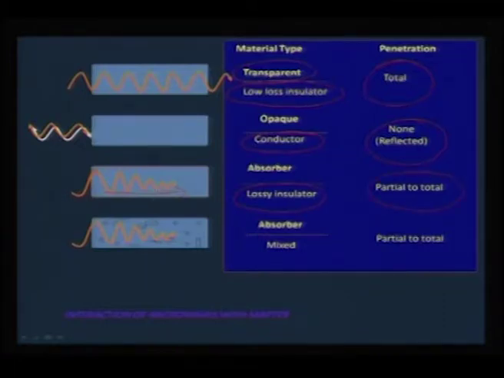Or if you have in such lossy insulators some metal ingredients like this, as you would see here, then this can actually allow microwave to get absorbed, and therefore, you can achieve a partial or total penetration. So, this gives us some idea about the range of material that I can choose, those which are opaque to microwave and those which are transparent to microwave.